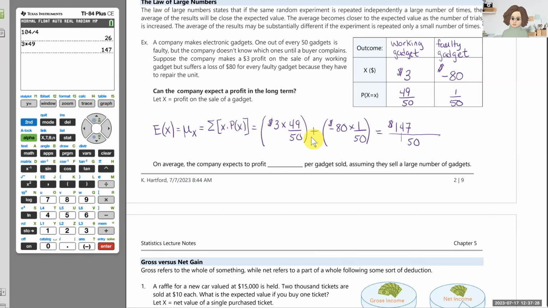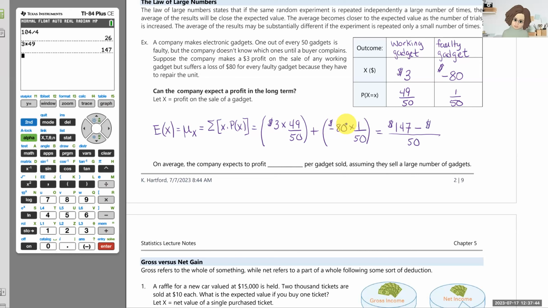All right, and then plus a negative. So I'm going to write subtract there, minus. All right, so now they are going to lose $80, but it just happens once. So that's going to be minus $80.